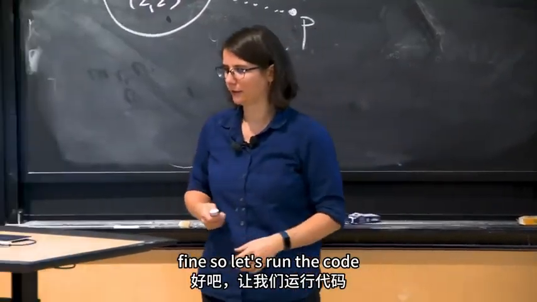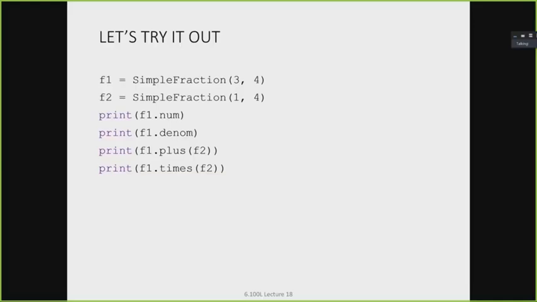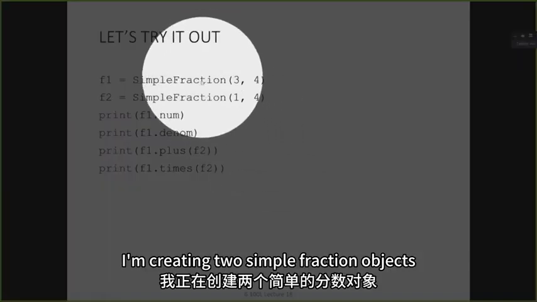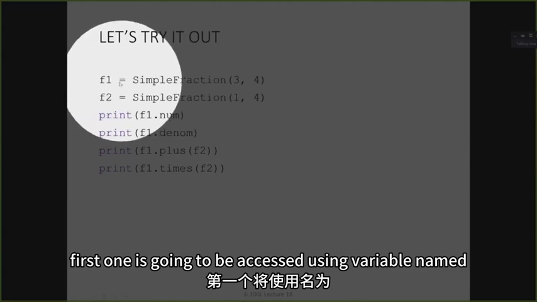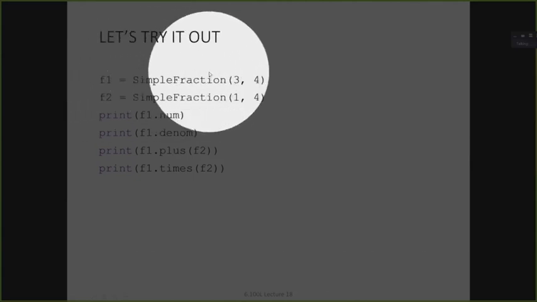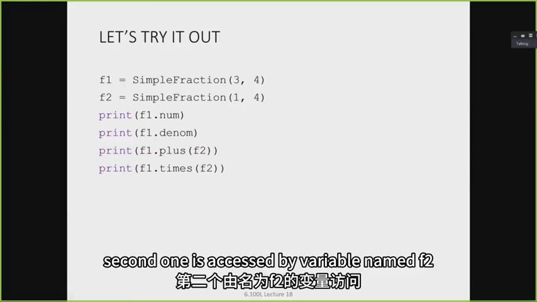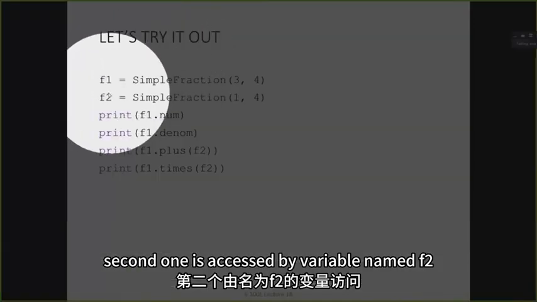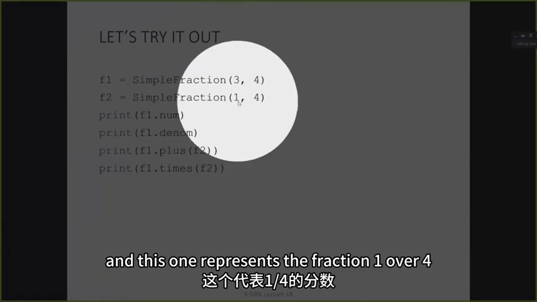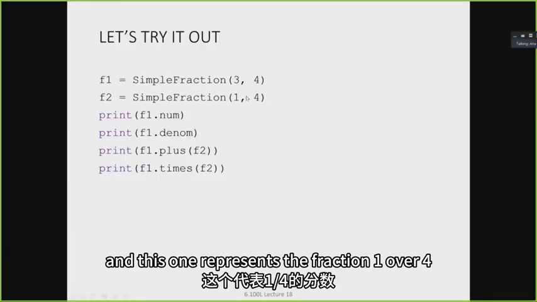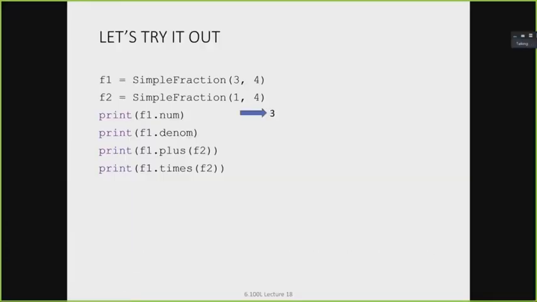Fine. So let's run the code. I'm creating two simple fraction objects. First one is going to be accessed using variable named f1. So this one represents the number 3 over 4. Second one is accessed by variable named f2, and this one represents the fraction 1 over 4. Okay.